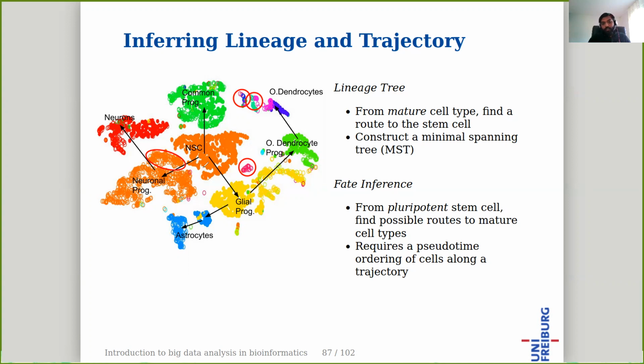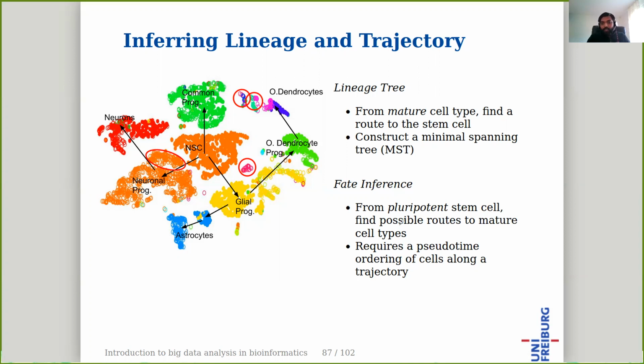The cell decides to generate a neural progenitor rather than a glial progenitor. So that's the fate of the cell, which is why it's called cell fate inference. That's common terminology used in single cell analysis.